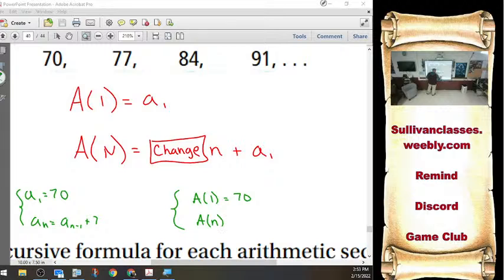So a of n is going to be 70 and we are going to just add on n sevens. Like that. I understand why they're doing it that way. It's leading into linear functions. I'm thinking about quadratics and cubics, and that's not where we're at yet. So left is the way that you're going to write it for the rest of time. Right is the way that you're going to do it in this book. Okay?